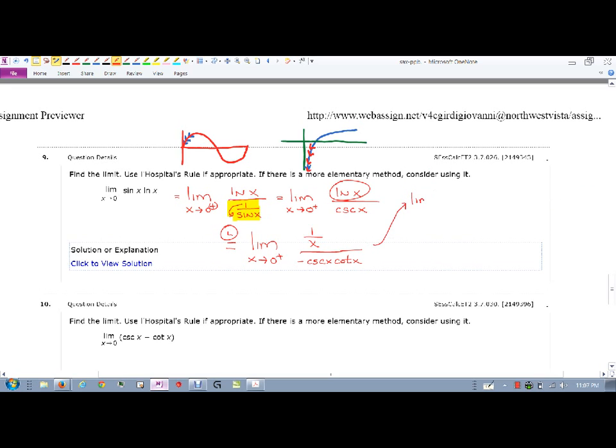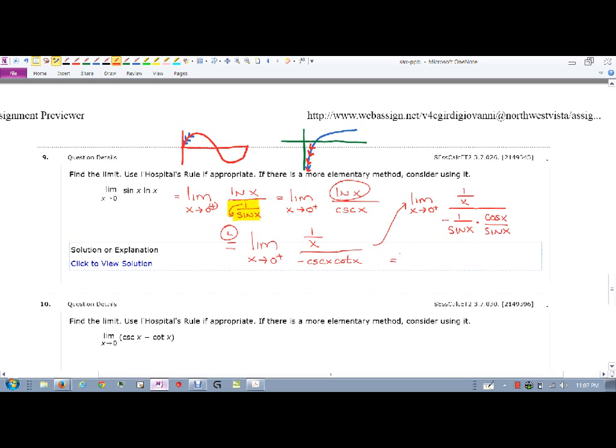This is the limit as x goes to 0 from the right of 1 over x over, okay, cosecant is 1 over sine x, and cotangent is the reciprocal of tangent, so tangent is sine over cosine, so this is cosine x over sine x.